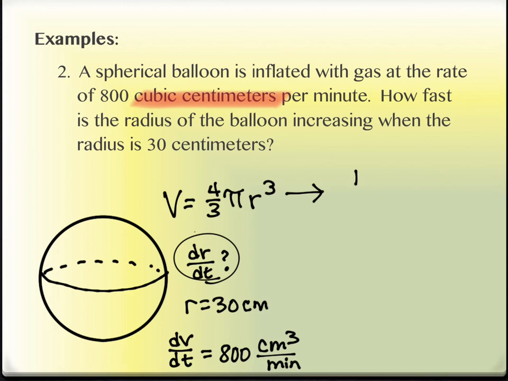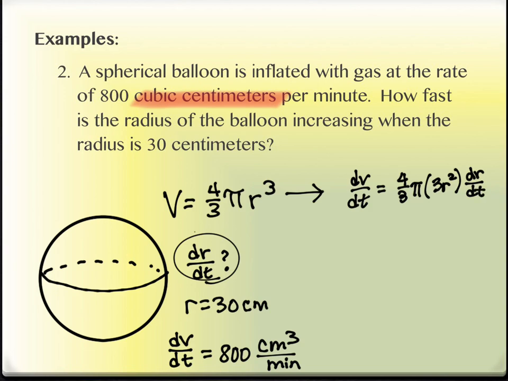The derivative of V is just dV dt, so that one's very nice. 4/3 comes along for the ride, as does pi. What's the derivative of r cubed? Well, 3r squared. And then every time I have a variable I'm taking a derivative of, I'm going to write d of that variable, so this is dr, and then dt.